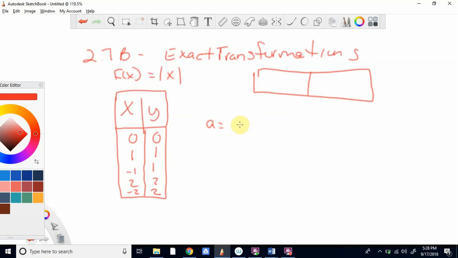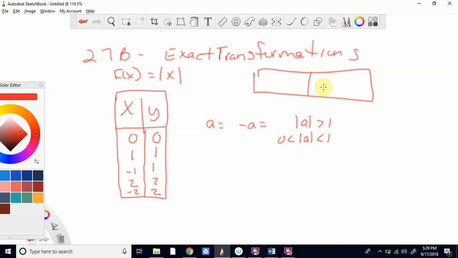If a is negative, you have a reflection, a vertical reflection over the x-axis. If the absolute value of a is greater than 1, you have a vertical stretch. If the absolute value of a is less than 1 and greater than 0, you're going to have a vertical compression by a factor of a, not the absolute value.